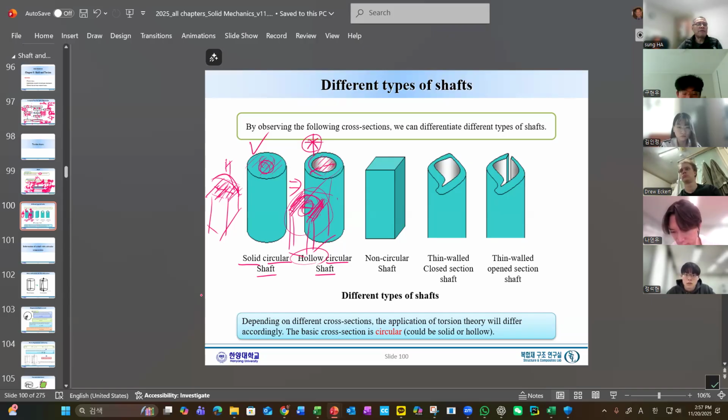And of course, depending on the cross section, we will have, I'm sorry, this is the non-circular shaft. Why is there a big difference? This is the circular, and this is a non-circular.